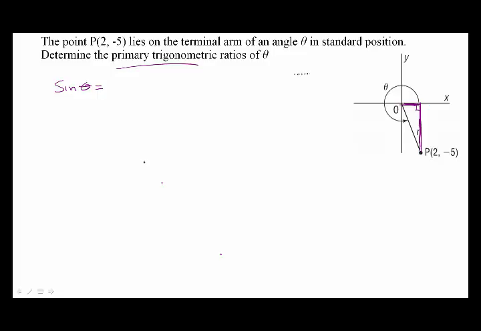Now I'll even pull the triangle out so that we can see what it looks like a little cleaner. So there's my angle, which I don't know yet what it is. What's my x? It says right there my x is 2, which means that length is 2. What's my y? -5.